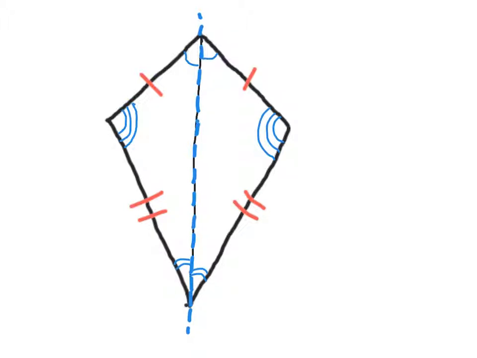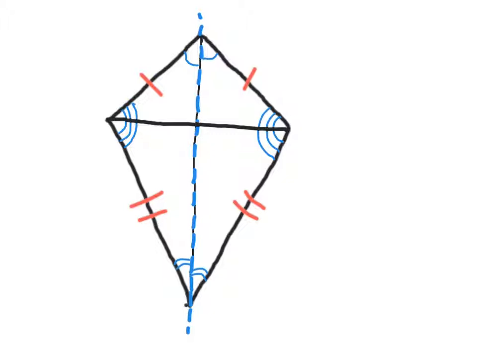Okay? That is symmetry. And so, going along with that idea, if I look at this diagonal now, that is being called my non-vertex diagonal because it's connecting the non-vertex angles.